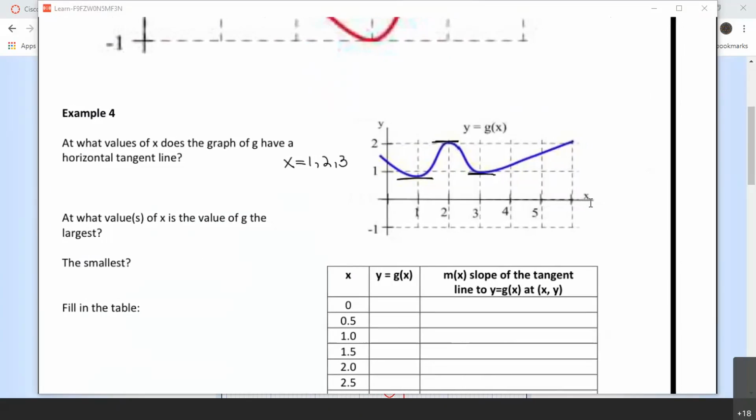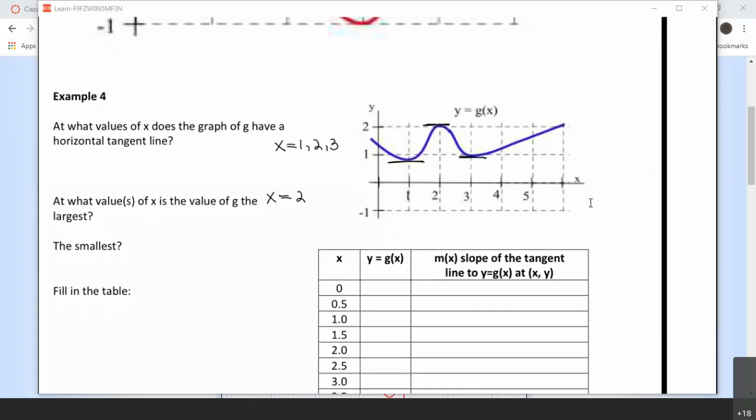Okay, I agree. The largest value is x equals 2. If you look at the graph, you can see your output value, your y value, is slightly smaller than 1 here. It looks like it might be sitting right at 1 here. So I would say x equals 1.